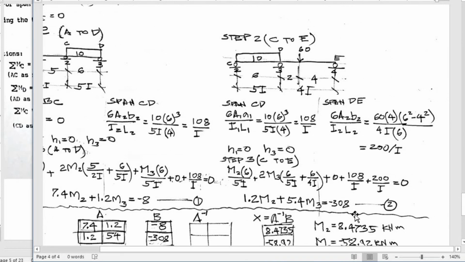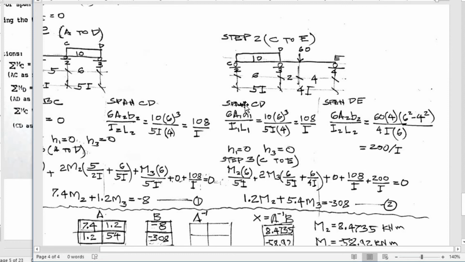Ngayon, B pala, no? 6AB all over L times the quantity L square minus B square. Ang ating B would be 4. Tapos ang L is 6. And then your I is 4I. And you have 200 all over I. Again, walang displacements sa support. Kaya ang H1, H3 equal to 0.